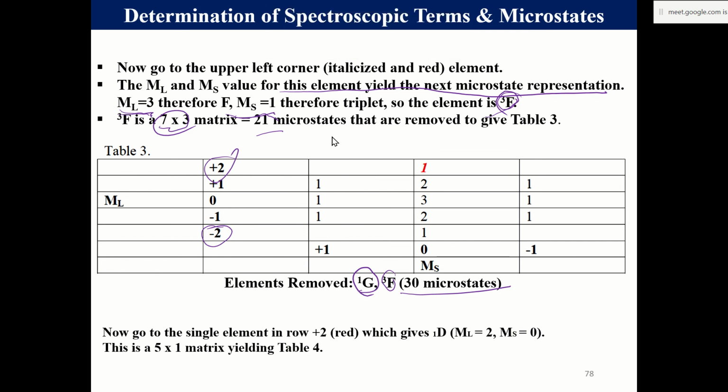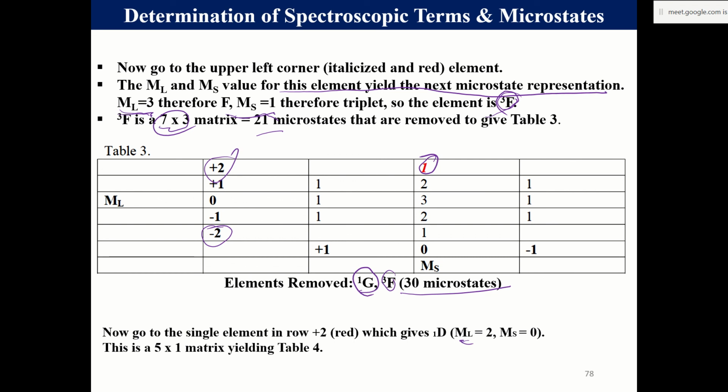So in this manner you can again see plus 2 maximum here, which has the maximum value of ml, plus 2 ml, ms is 0. And so you start.